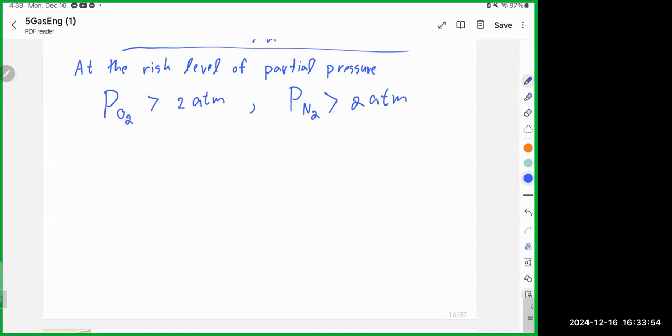So which one is more dangerous? Can you guess it? Which is more dangerous? Because they set the level at 2 atm. If higher than this, it causes lethal.